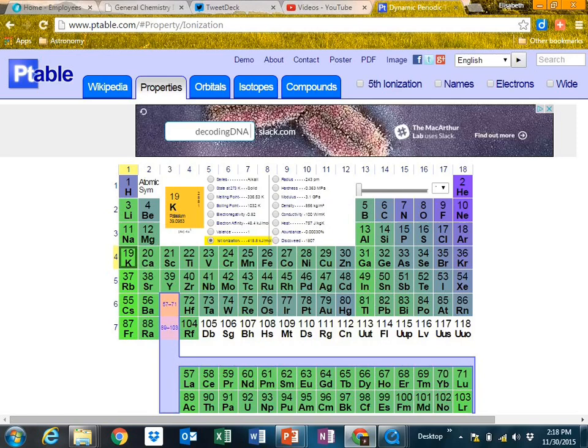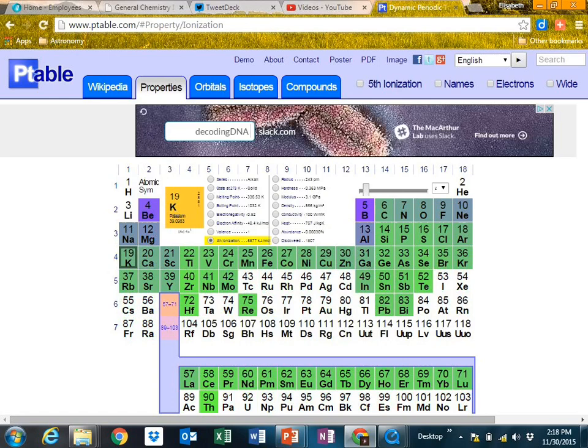So if I go ahead and slide this up, now it's highlighted on potassium, so the fourth ionization energy is 5,877 kilojoules per mole. I just think that's so cool. All sorts of things.